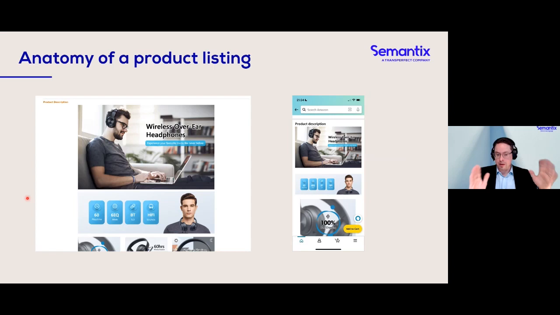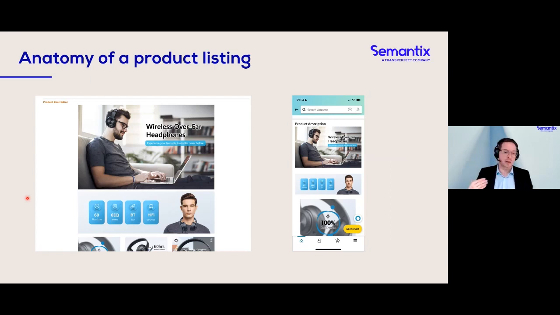One thing I do want to call out though is its effect between a computer, a larger device, and mobile. So a product description, as I mentioned, is further down the page on a computer, but when you go mobile, it all of a sudden completely changes. You have your product title and then your product description, and for example this A+ content comes almost immediately afterwards.